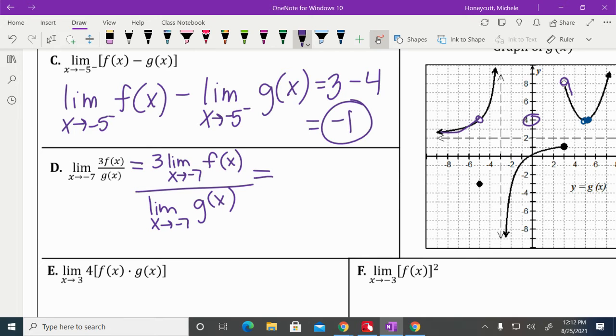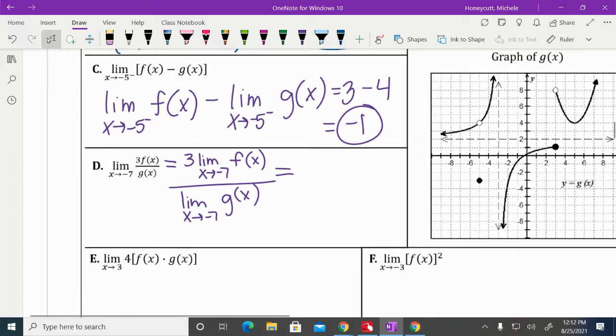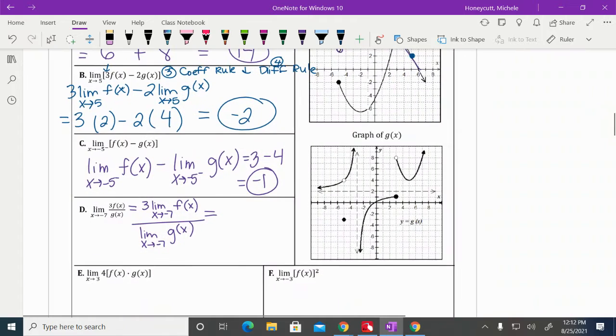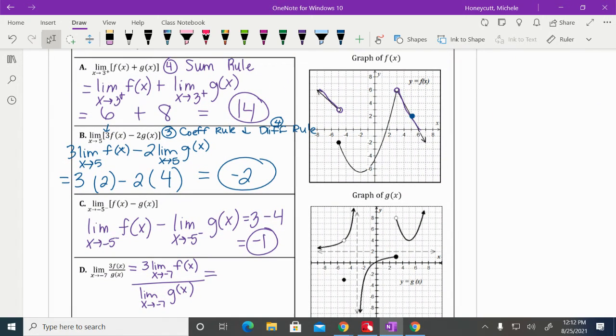I need to erase all these extra marks here. So then on the graph of f, the limit as x approaches -7, I'm getting 4 or 5.